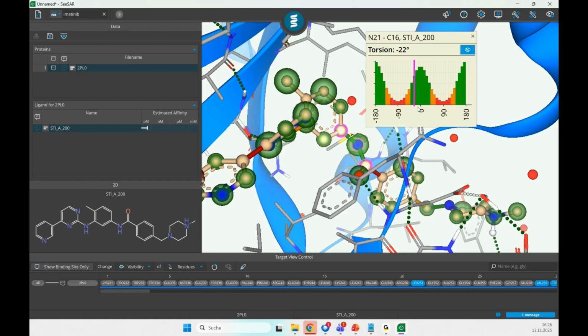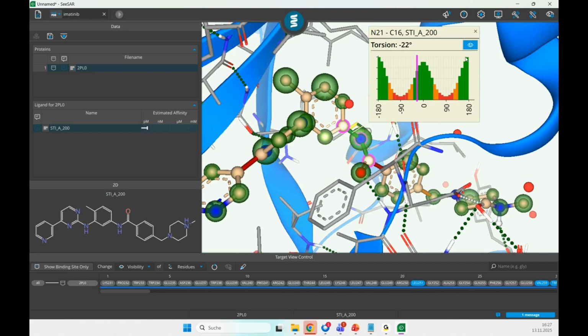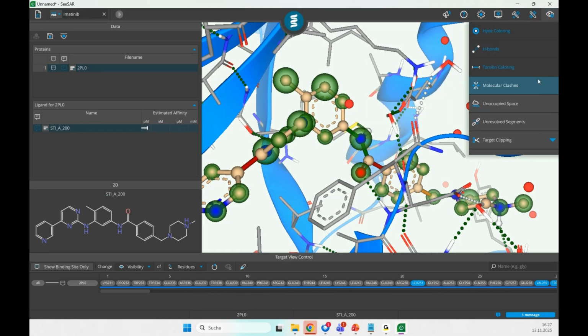Also, if you don't know which arrangement of the torsion is actually considered here, you can again use the eye to highlight the section. Molecular clash is something we haven't seen in this compound, but we can maybe check it back later on if we have any clashes here.